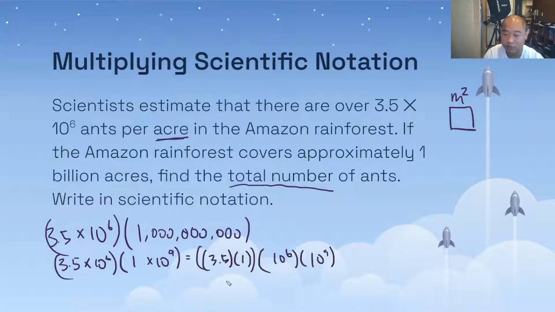And 3.5 times 1 is just 3.5. And then 10 to the 6th times 10 to the 9th is 10 to the 6th plus 9, which is 15. 10 to the 15. So there's 3.5 times 10 to the 15th ants in the Amazon. And this is an approximation, right? We're saying about.